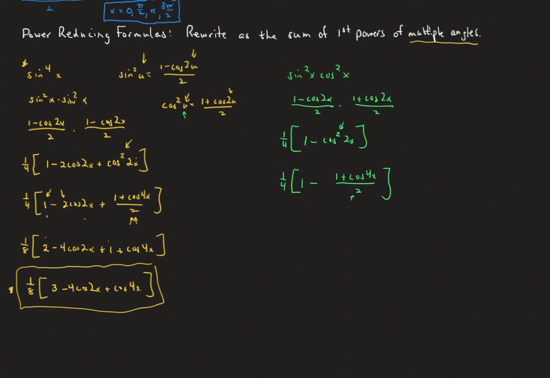So this 1/2 will factor out, making that 1/8. The other term must also have that 1/2 factored out, which will make it now be a 2. This negative sign has to distribute, so that's going to be a 2 minus 1 minus cosine of 4x, and with a little bit of cleanup, 2 minus 1 is 1, so we get 1 minus cosine of 4x. That's the end of our story.